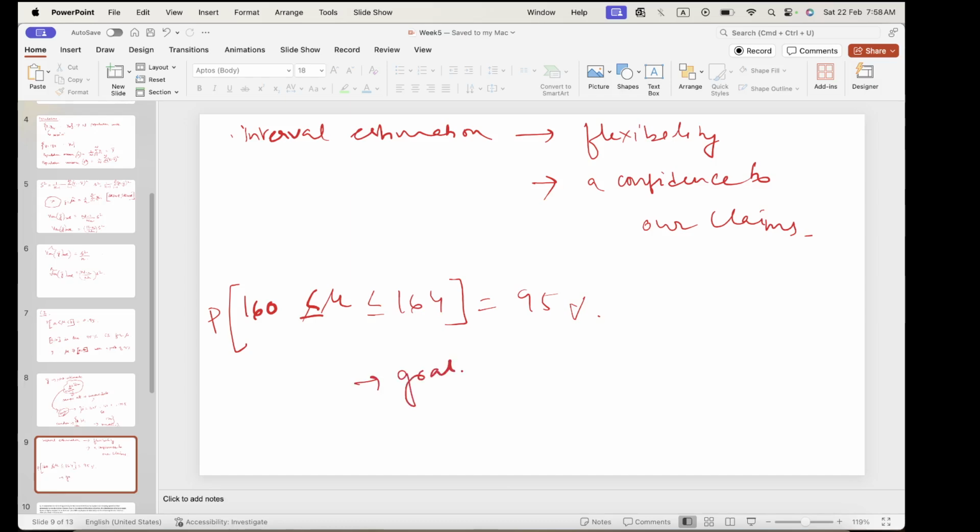So the goal here is to get a narrow confidence interval.